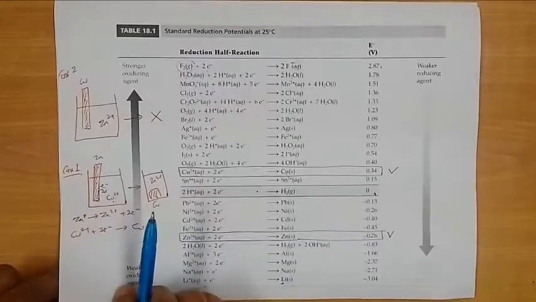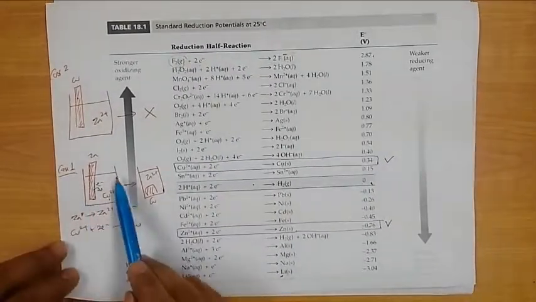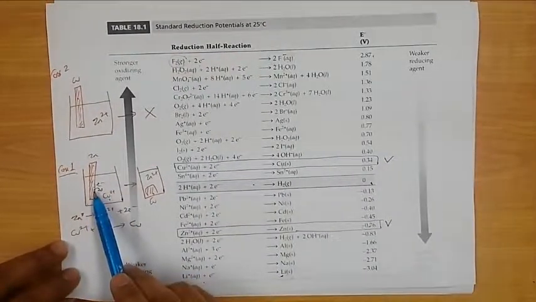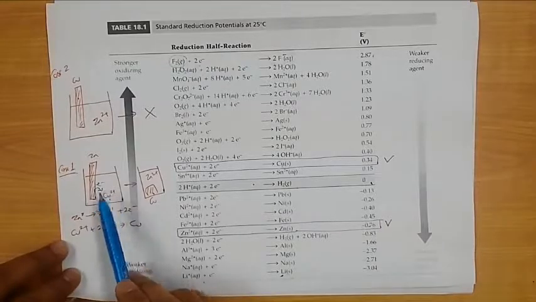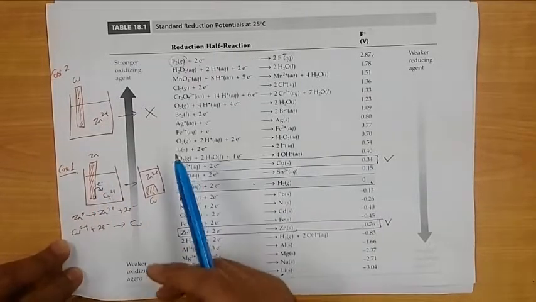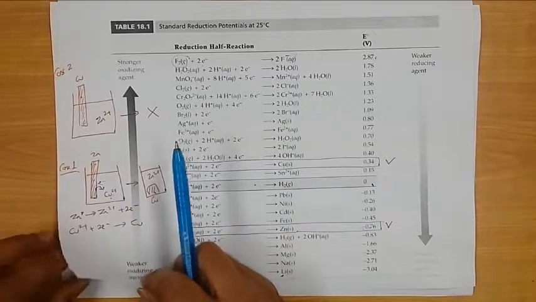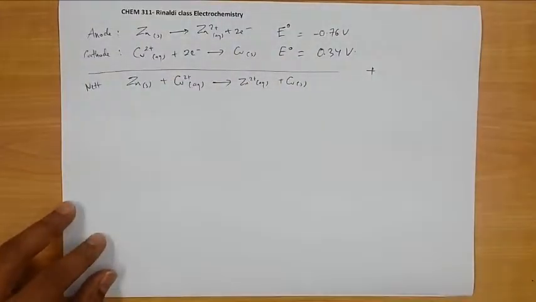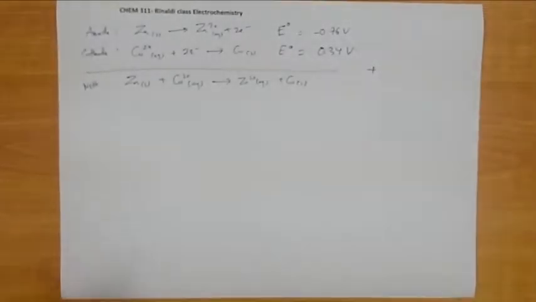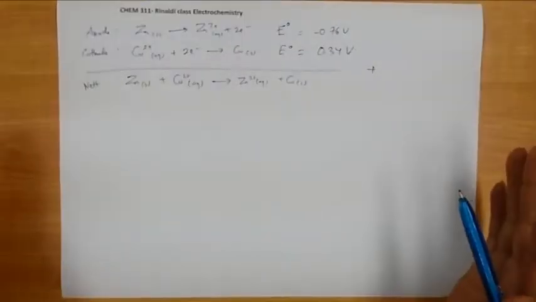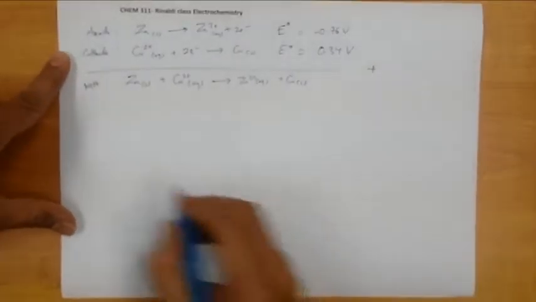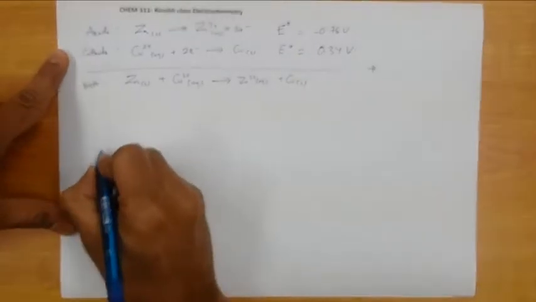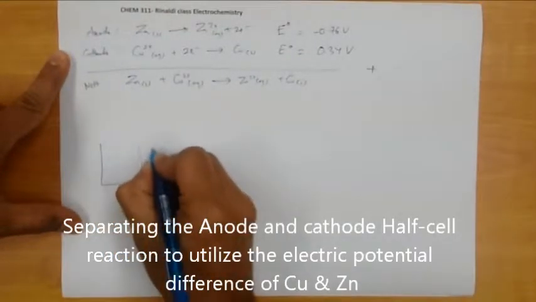But you will not get anything from that, meaning that you cannot utilize the electric potential energy of the electrons to do work, meaning to light a bulb or to do anything that your battery normally does for you. So in order to utilize the energy of the electron, you want to separate this reaction, right? So how do you separate it? Then you form a separate cell.